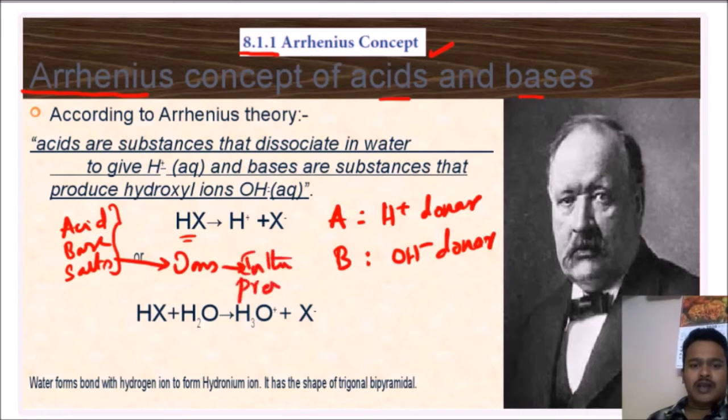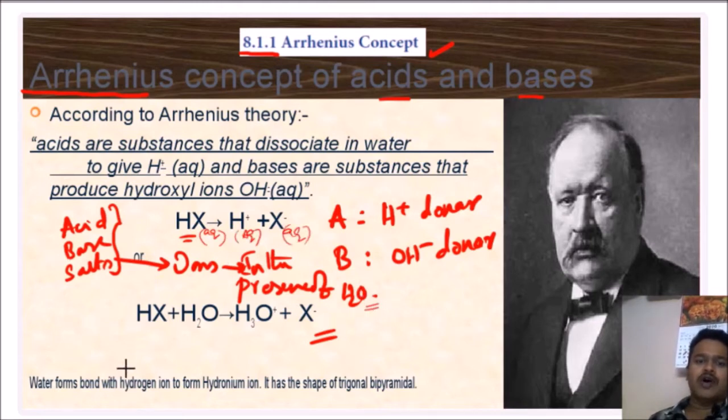This is a fact, but every time we do not write H2O, so when writing an equation we represent it as aq, aqueous. Without water there is no ionization. This is the Arrhenius theory: which gives H plus ions is an acid, which gives OH minus ions is a base.